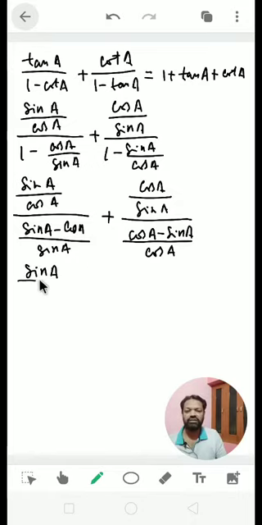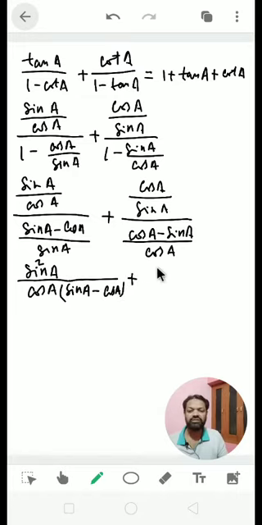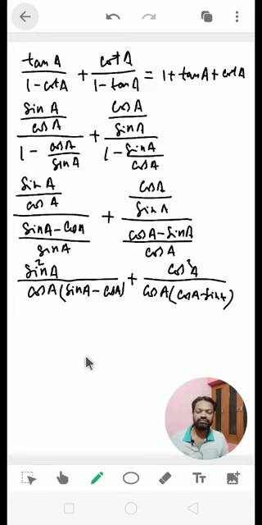Sine A upon cos A, it will become sine square A, right? And here we are getting sine A minus cos A, plus it will become cos square A upon cos A minus sine A, right?